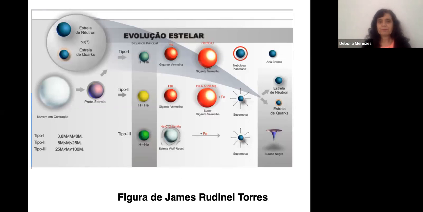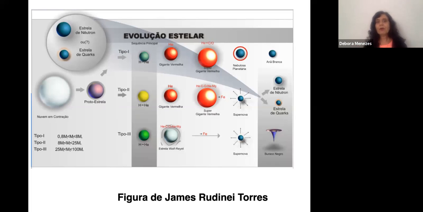So these are possible evolutions of stars. In the beginning we have the star that is alive, and that's part of the main sequence. And then we have three different kinds of stars. Light stars, which we call type 1, with masses up to 8 solar masses, and then type 2, more massive stars with masses from 8 to 25 solar masses, and then stars of type 3, very massive stars with masses higher than 25 solar masses.